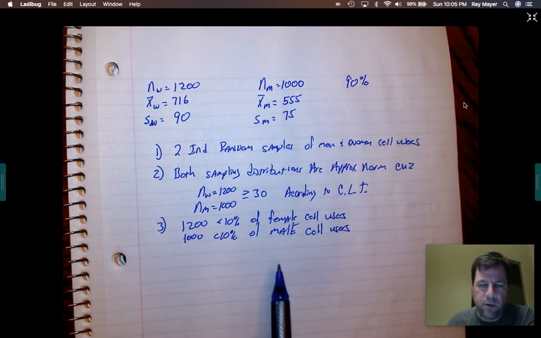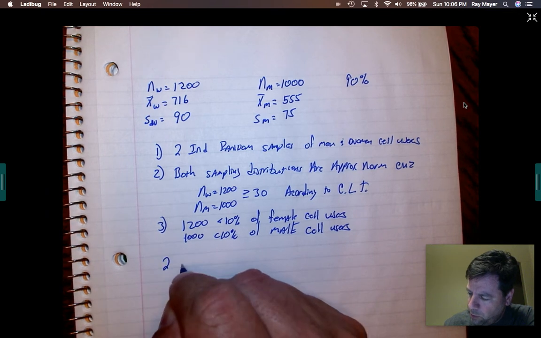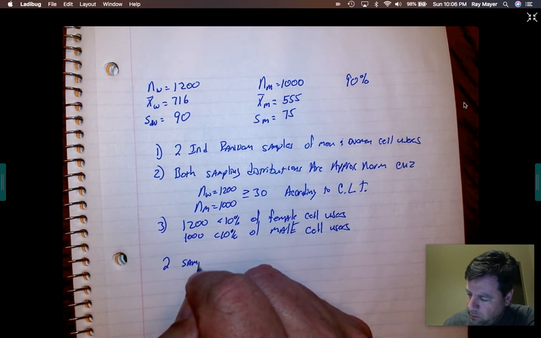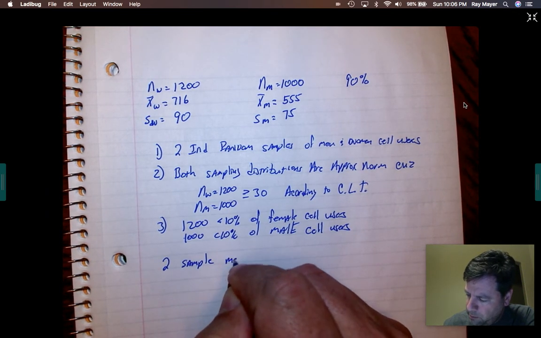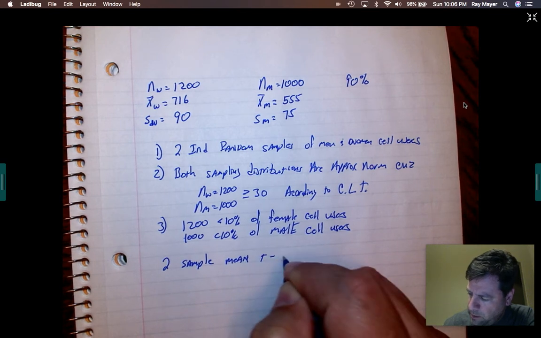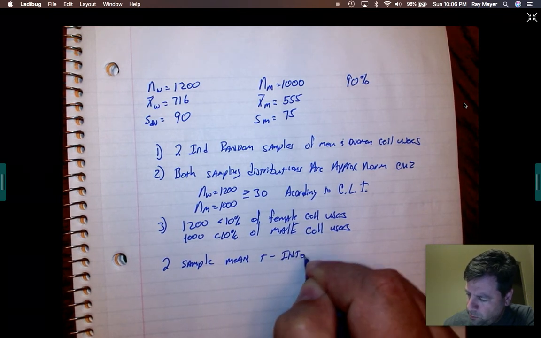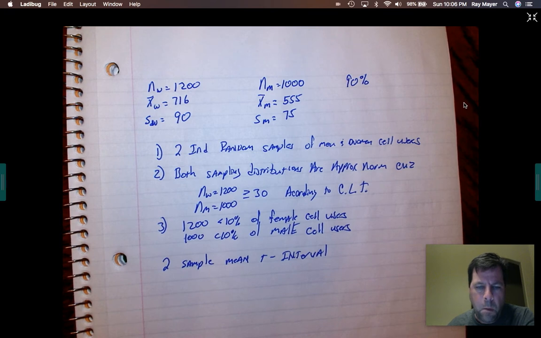So conditions are met. We're going to do a 2 sample mean T interval. All right.